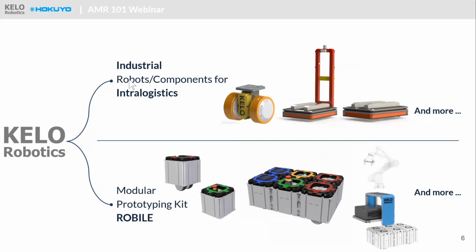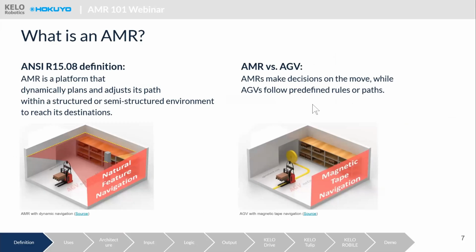One is for industrial robots and components for intralogistics. And the second branch is the modular prototyping kit, the Robile product family. But you need to know that the technology and the philosophy between these two branches are quite similar. It's both based on high modularity and our drive system, which we will discuss later.